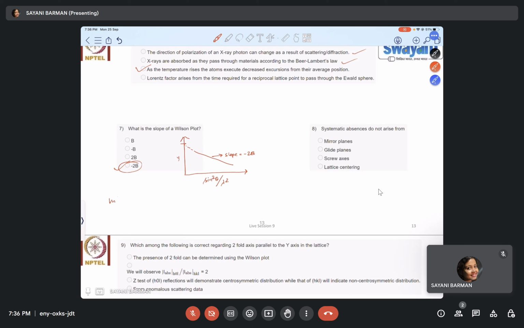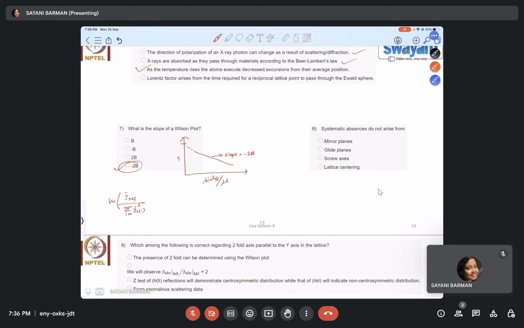I observed related by summation of f squared, f naught squared, with i equals 1 to n, let's say.